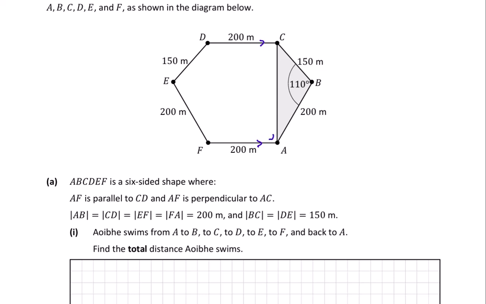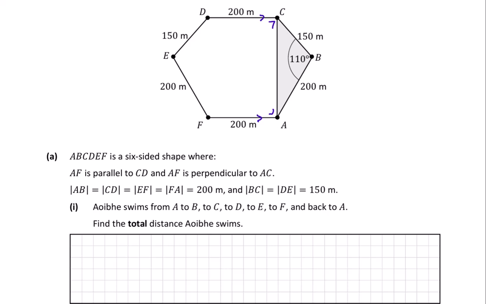So this is a right angle here and a right angle here. AB is equal to CD is equal to EF is equal to FA is equal to 200. BC is equal to DE is equal to 150. Eva swims from A to B, C to D, D to E, E to F, and back to A again. Find the total distance.